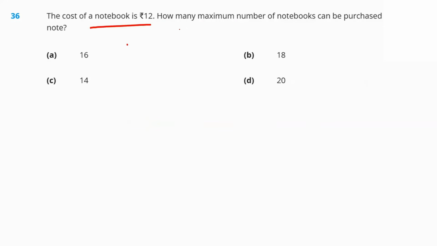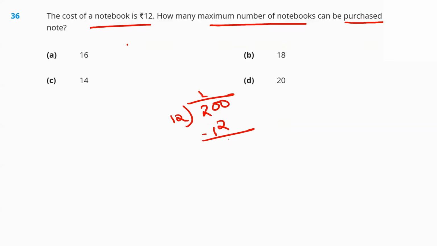Question number 36. The cost of a notebook is 12 rupees. How many maximum notebooks can be purchased for 200 rupees? Simply divide. 12 one time is 12, 8 remaining, 80. 6 12s are 72.